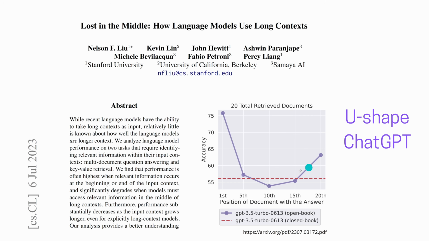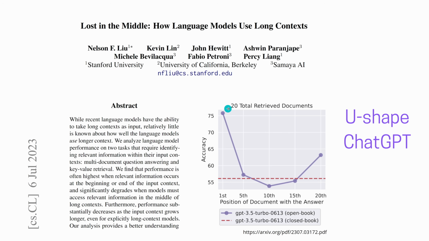We have this graph. If we have, for example, 20 total retrieved documents that we put into a single prompt to ChatGPT, look at the performance if the solution is in the first document, or the solution is in the 10th document, or the solution is in the 20th document.